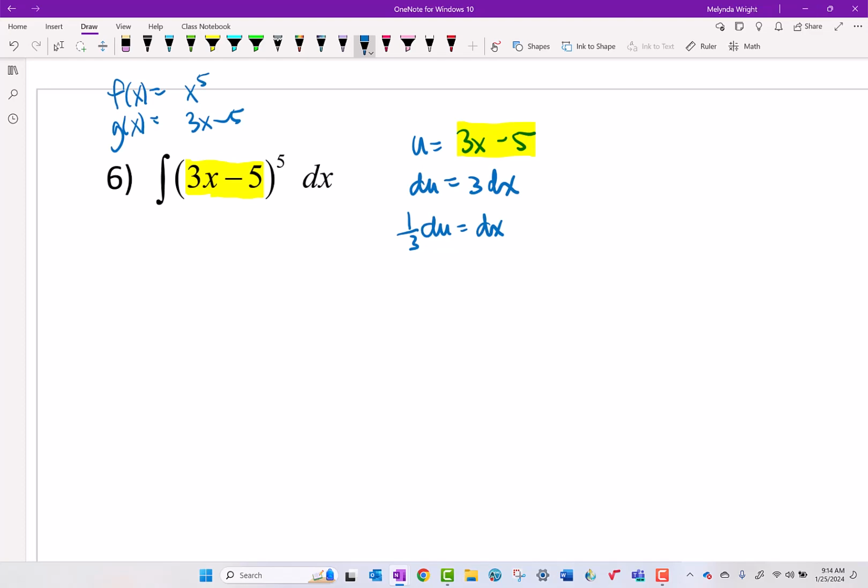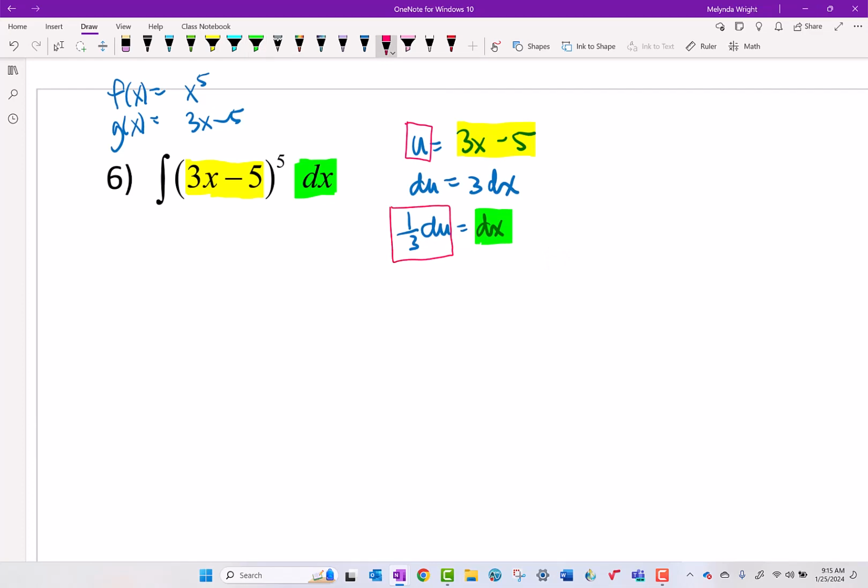So what I'm going to do is highlight what we're substituting, where the yellow is. I am going to put a u in that place, where the 3x minus 5 is. That u is going to replace it. And likewise, I have to replace the dx. This dx is coming out, and in its place is going to be this right here.